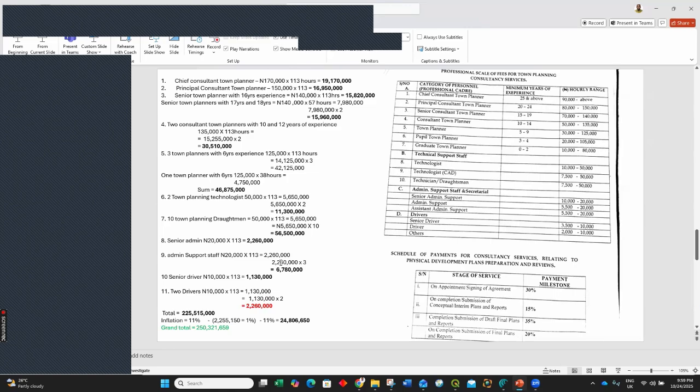How did you do the calculation? I said, you see this amount, this total here, the 225. Yes, I can see it. Okay, so that is the total. Then you divide it by 100 to get the 1%.